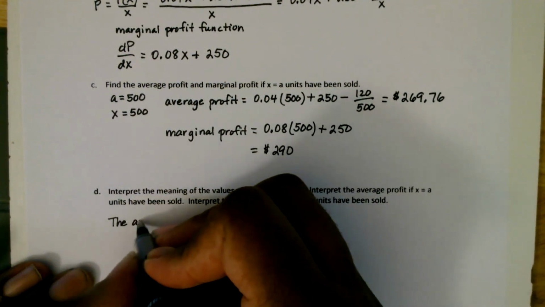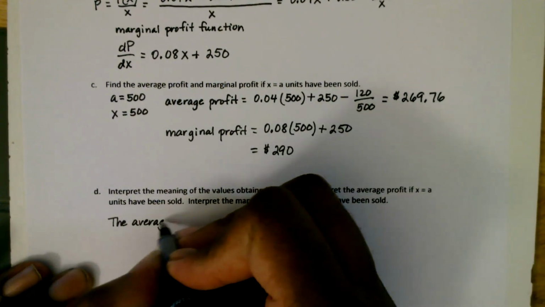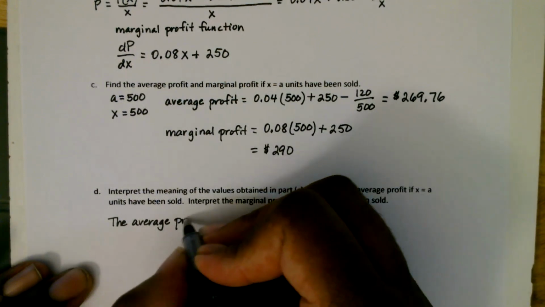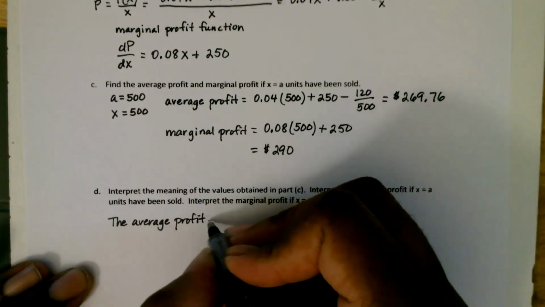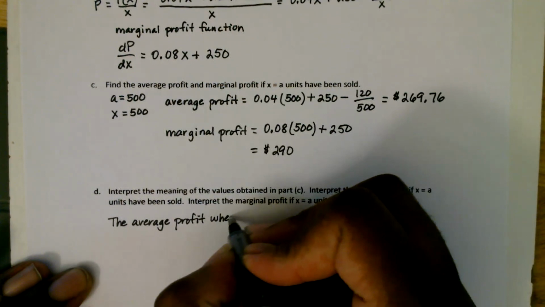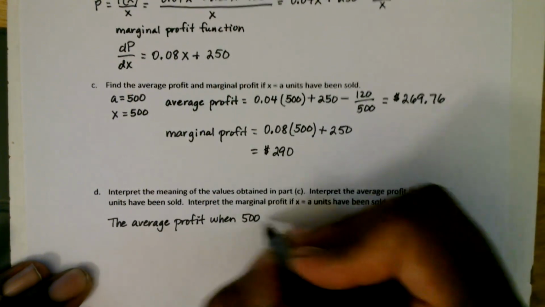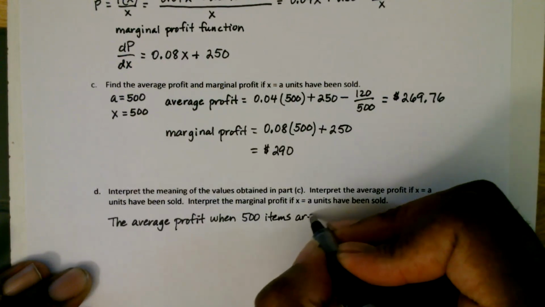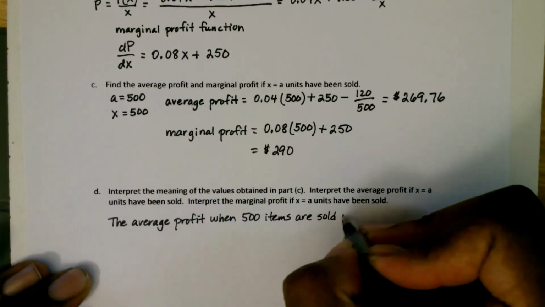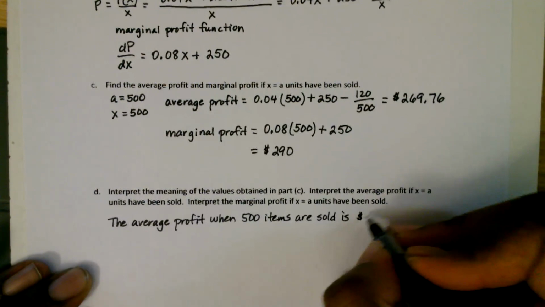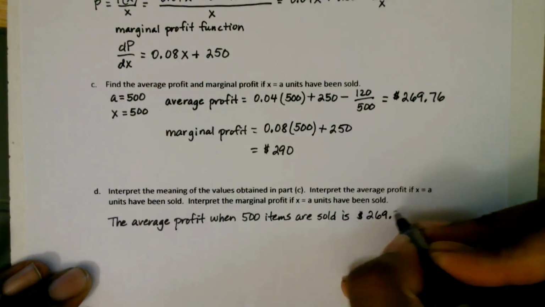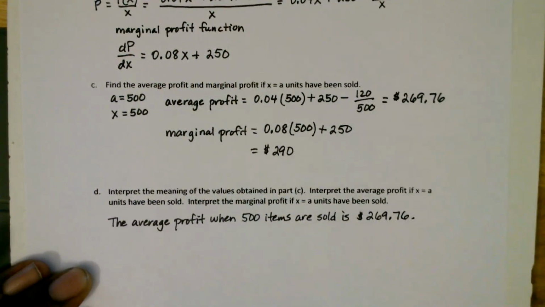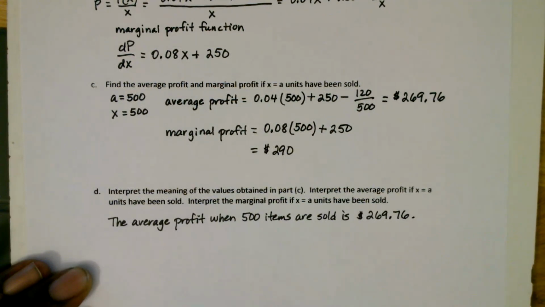It means that the average profit when 500 items are sold is the $269.76. So after 500 items have been sold, your average profit will be $269.76.